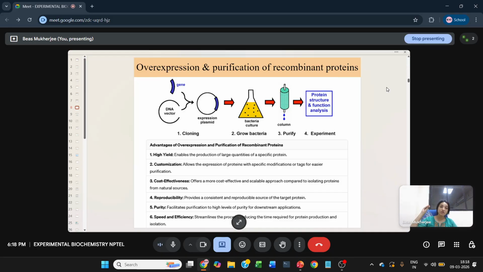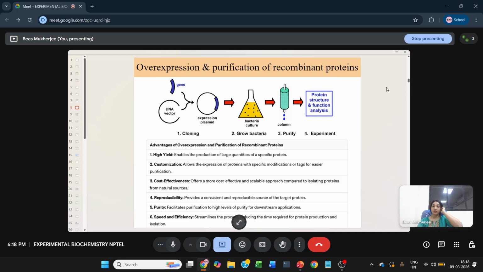In between, you will also run an SDS page to check the purity of your protein. The concentration of the protein can be determined using SDS page based techniques, or if the protein has aromatic residues, that is well and good, so you can go for absorption spectroscopic techniques. Okay, fluorescence spectroscopic techniques also.